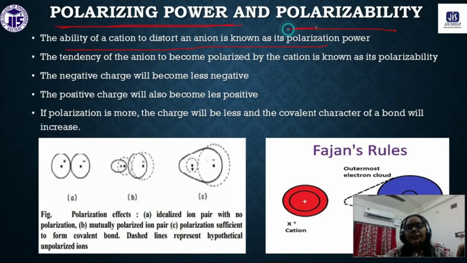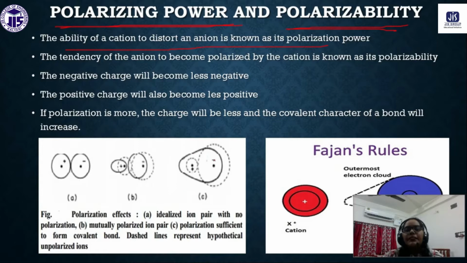And polarizability is actually related to the anion. Polarizability is how much the anion allows its electron density to be distorted. In the presence of a positive ion, the electron density will come closer to the positive ion, attracted by it.